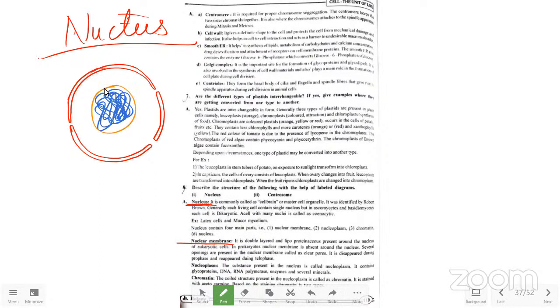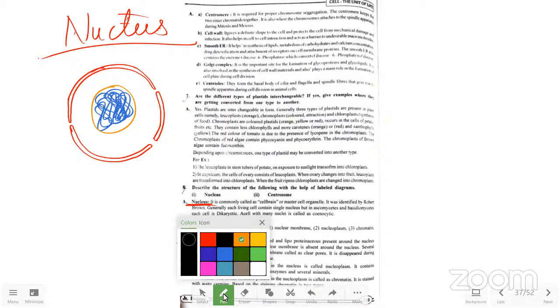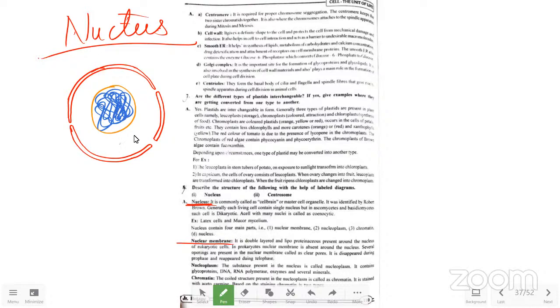In the nucleolus, and apart from that, it has other components. Now, the nucleus is present in the cytoplasm, a circular shaped cell organelle which has two membranes.